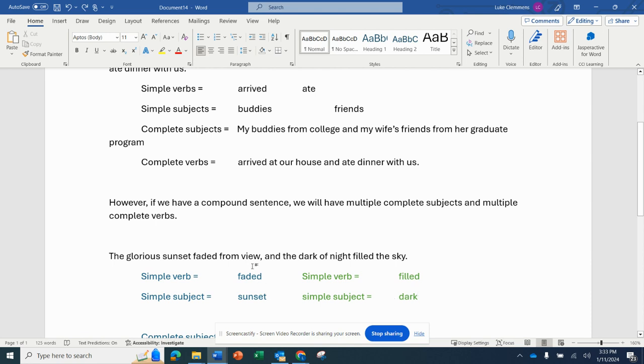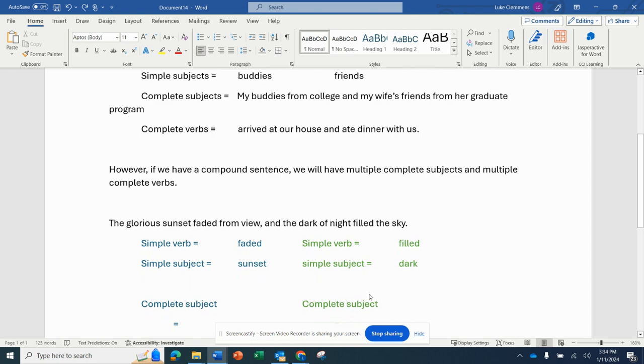It's sunset faded, not sunset faded and sunset filled, okay? Dark faded, dark filled. That's not what's happening. They are not sharing, okay? We have one thought over here, sunset faded, and another thought over here, dark filled. So, compound sentence. We have multiple thoughts going on. And remember, with a compound sentence, it can be two thoughts, three thoughts, four thoughts, 100 billion thoughts. Okay, there's no limit. Okay, so in this case we have two.